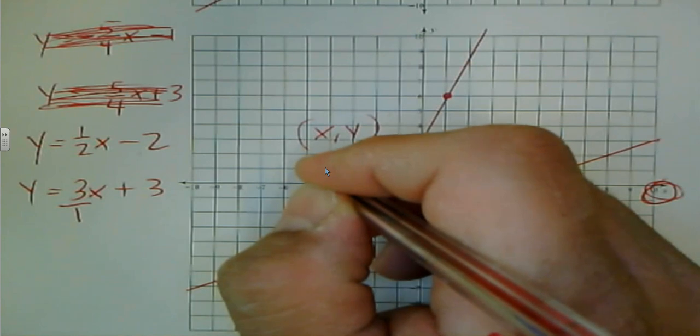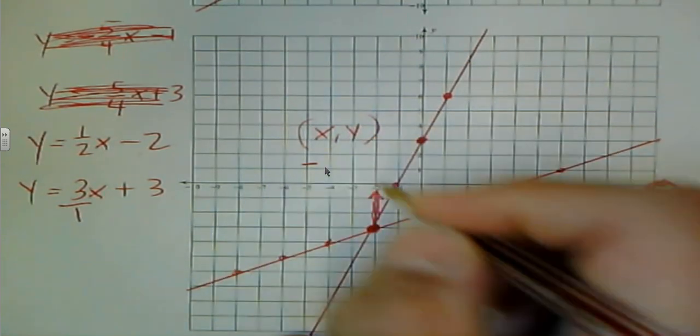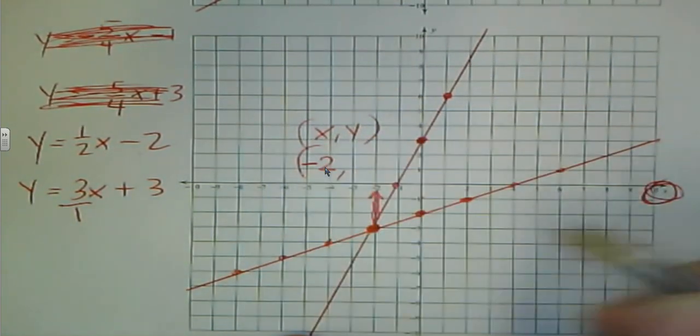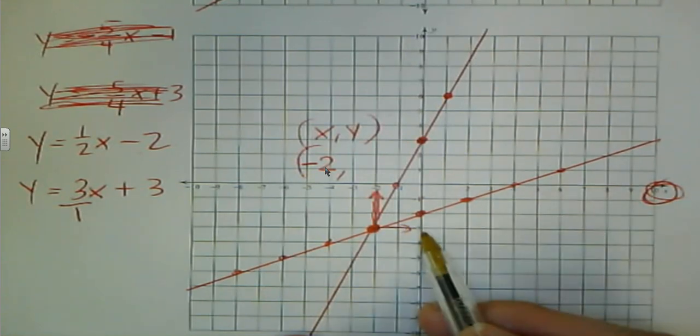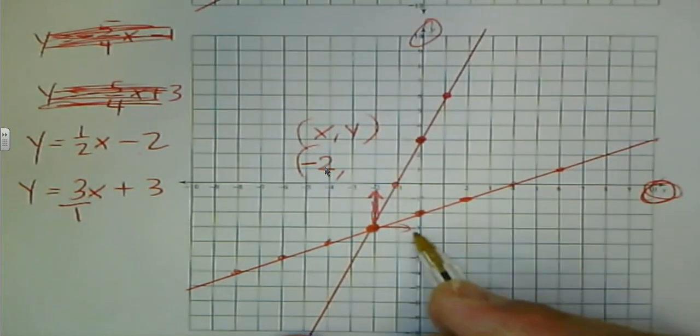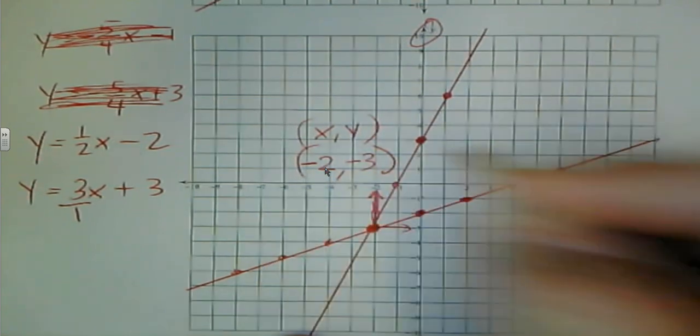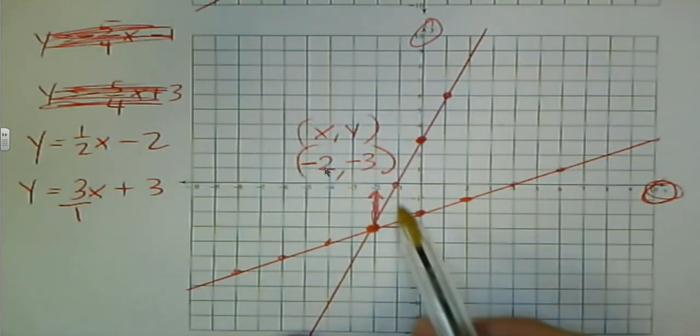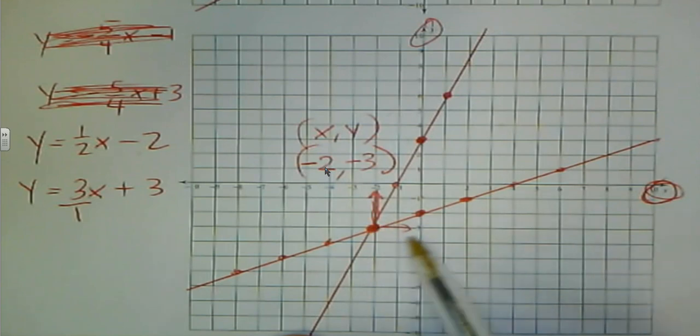Where is it, Chase? -2. And then over to the right, to the y-axis, it's -3. Yeah, it's a little hard to see on this one. I do apologize. But if you look on yours, you can clearly see.